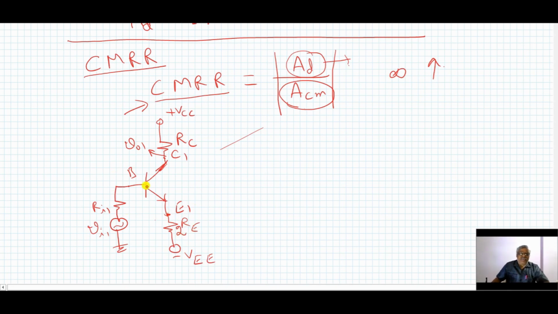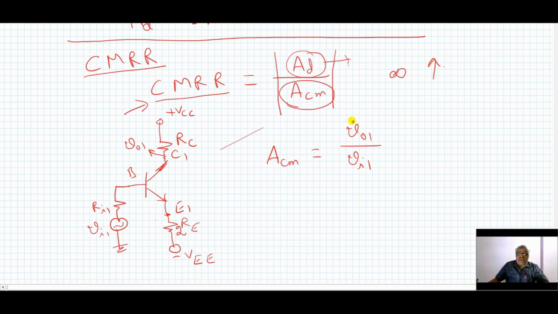So this is now the exact circuit for the common mode amplifier. And this common mode gain can be defined as the ratio of V01 to Vi1. So what is V01?